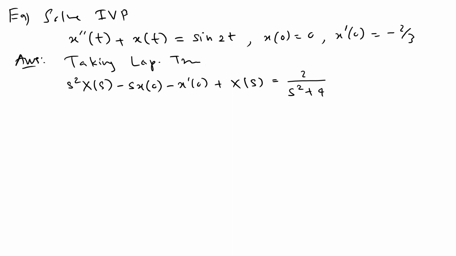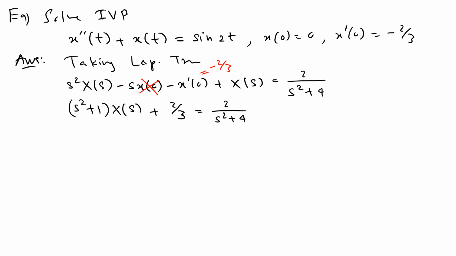Now let's plug in what we have. x(0) equals 0, so that term is gone, and this is simply negative 2/3. So we end up getting (s squared plus 1) X(s) plus 2/3, positive, equals 2 over s squared plus 4.